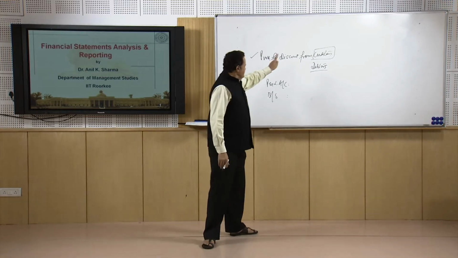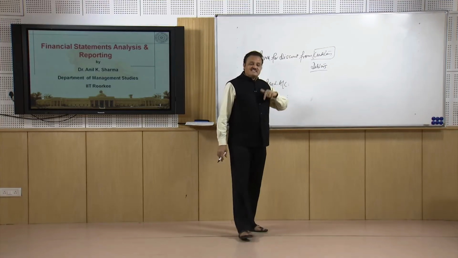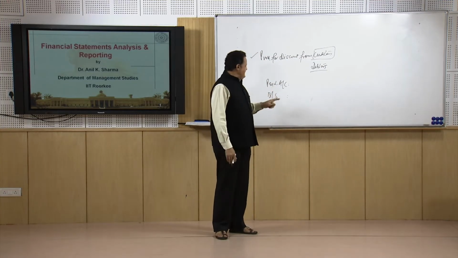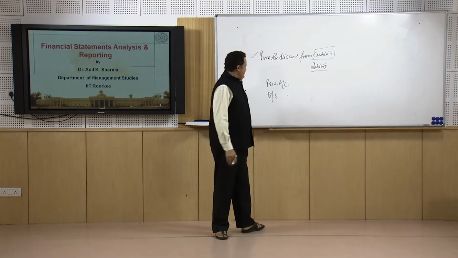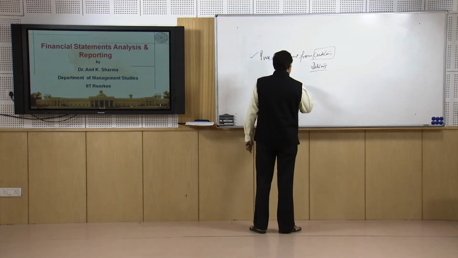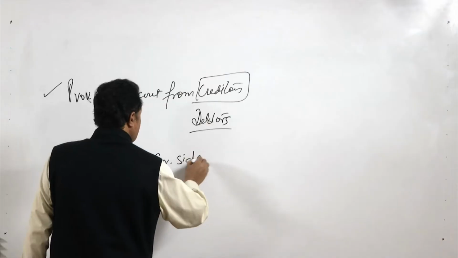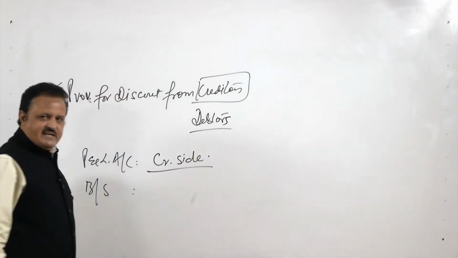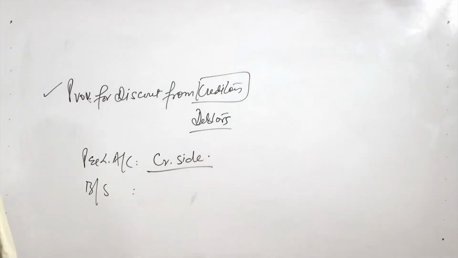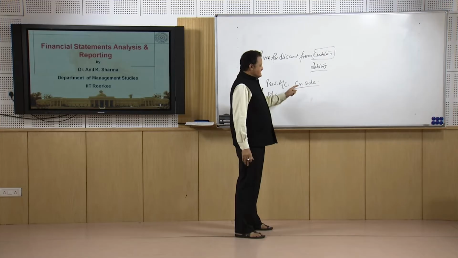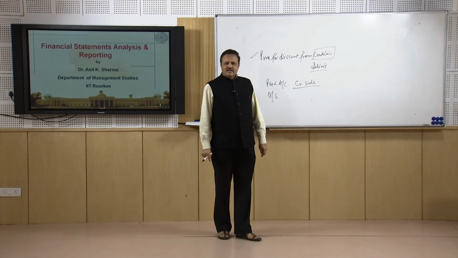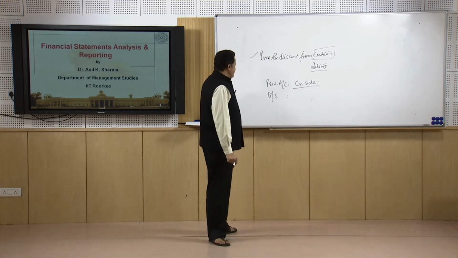But now, when a discount is expected to be received by this firm from their suppliers, it is an expected future gain, and when it is a gain, we will be crediting the profit and loss account because this is expected income. Discount is a kind of income, and we will show that provision on the credit side of the profit and loss account. And the second effect will be in the balance sheet.